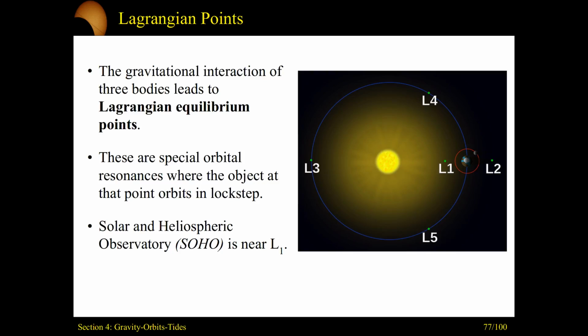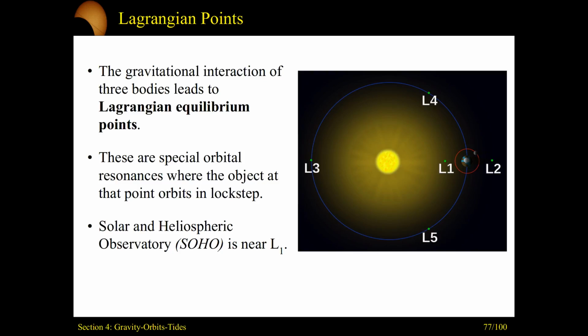But we're going to talk about one special type, and that's called the Lagrangian points, also known as the Lagrangian equilibrium points. And these are very special points. So here's the setup. Blue, this is the orbit of Earth around the sun.